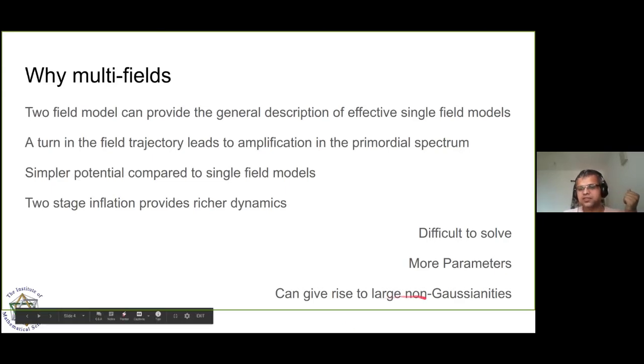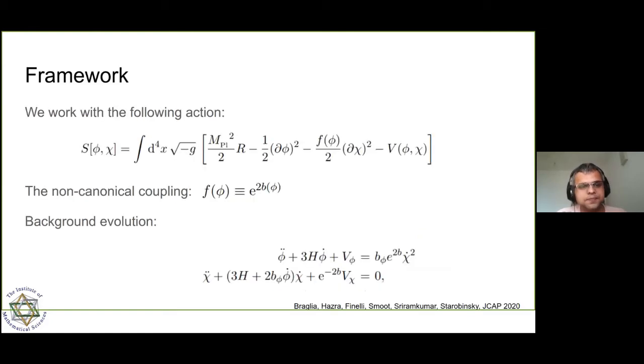And also it can give rise to large non-Gaussianities, which I will not discuss in this lecture. Large non-Gaussianities may be ruled out if they come in the Planck regime, although the regime we are interested in is much smaller than the Planck probe scales.